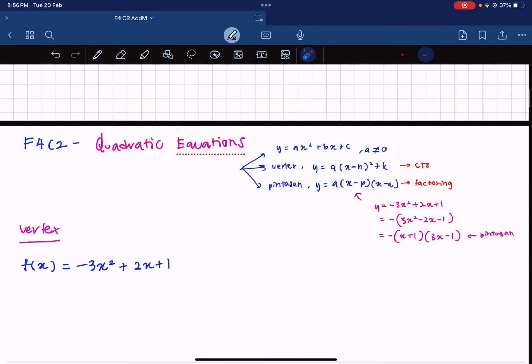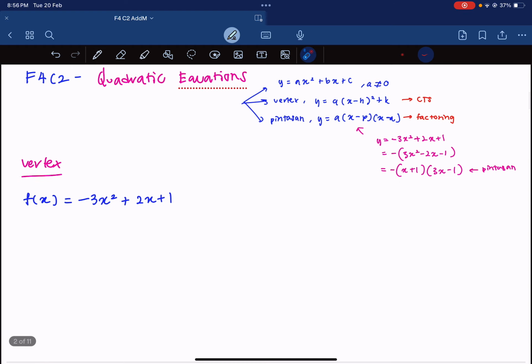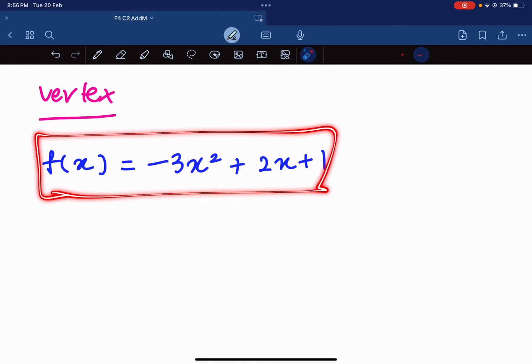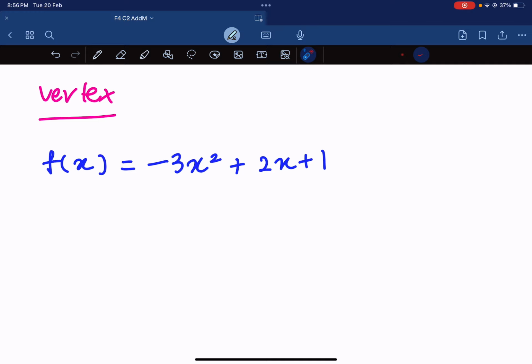Okay, so now kita akan, I'll teach you how to do vertex using completing the square. Okay, so completing the square ni, let's say you have an equation macam this one kan, this is the equation, and you want to find the vertex form of it.